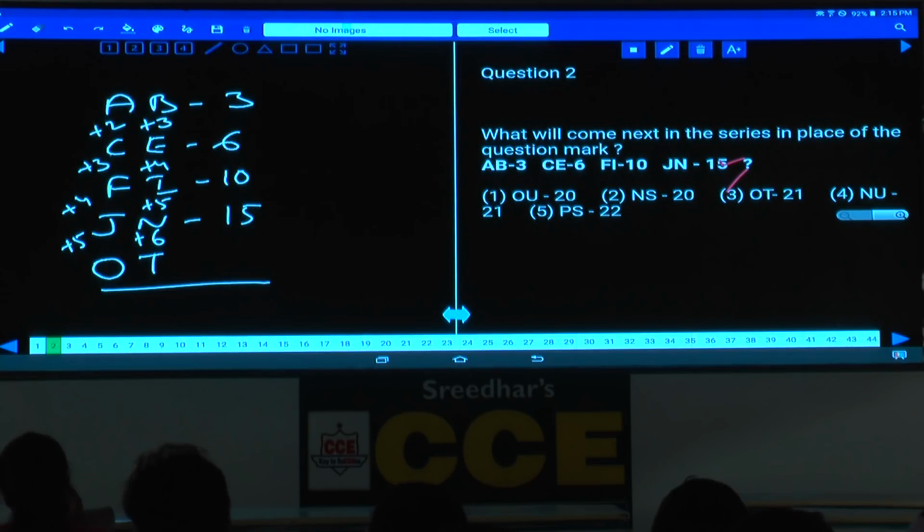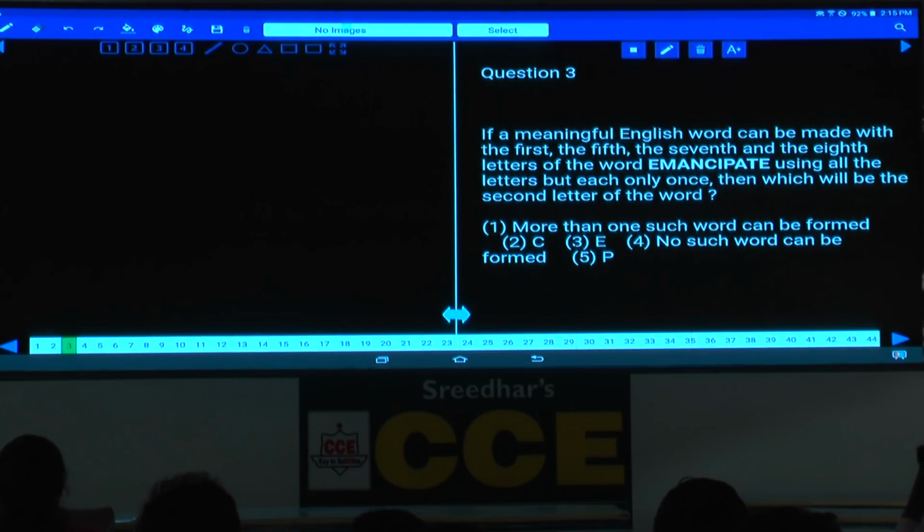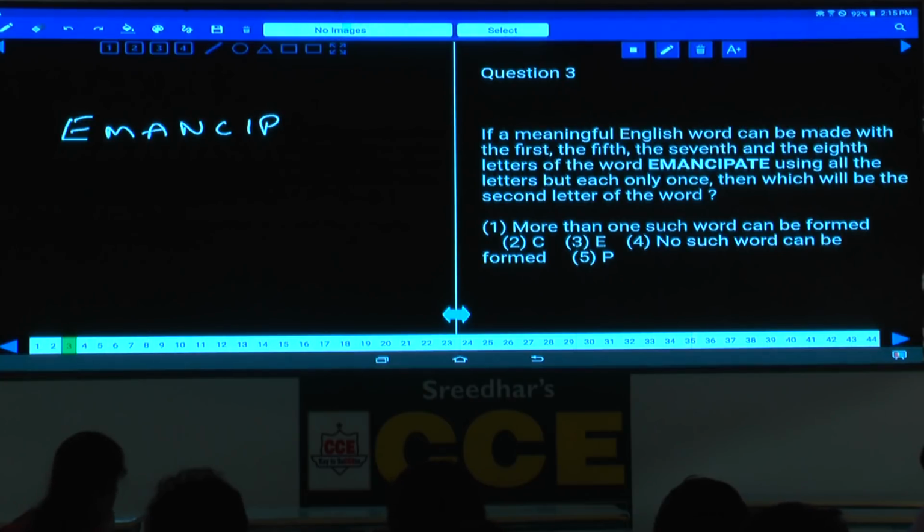Choice 3. Then question number 3. Now in this question number 3, if a meaningful English word can be made with the first, what is the word here? EMANCIPATE.